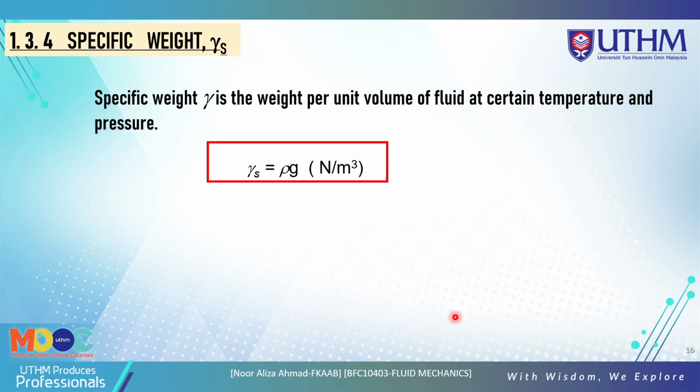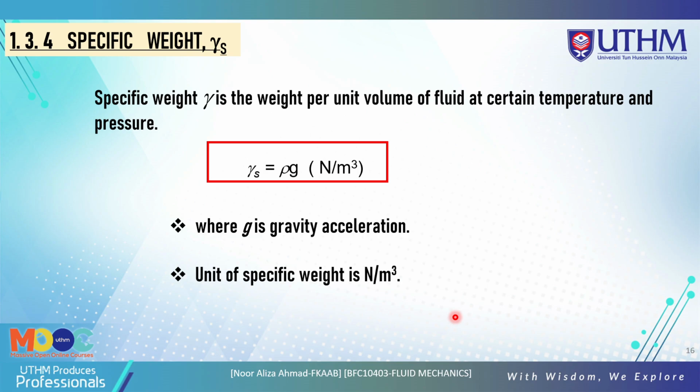Now we look at the specific weight, one of the properties of water or fluid. The specific weight is the weight per unit volume of fluid at a certain temperature and pressure. Specific weight is equal to density times g, where g is the gravity acceleration, and the unit is Newton per meter cube.